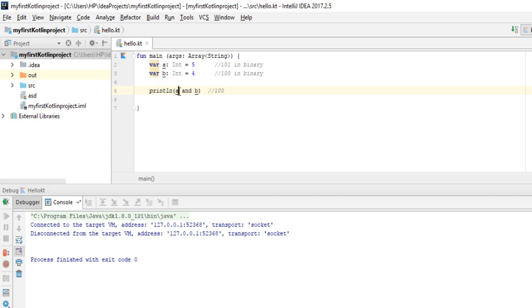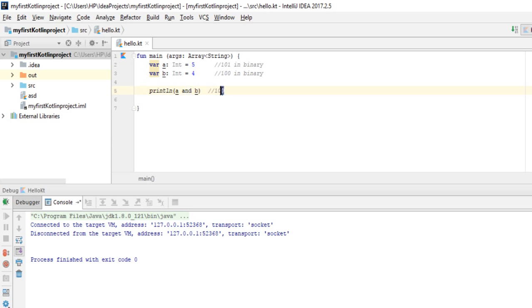So a and b means this AND will result in 1 when both of the bits are 1, and if any of the bits is 0, the result of this AND bitwise operator will be 0. So when we have 1 1 we have 1, when we have 0 0 we have 0, when we have 0 1 we have again 0. So this AND operator will result in 1 if both of the bits of the operands are 1.